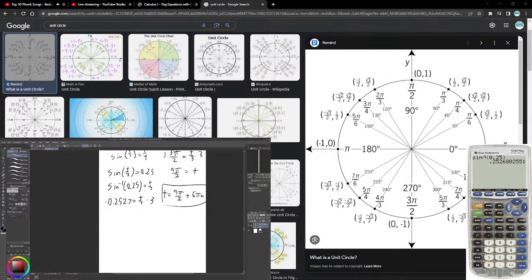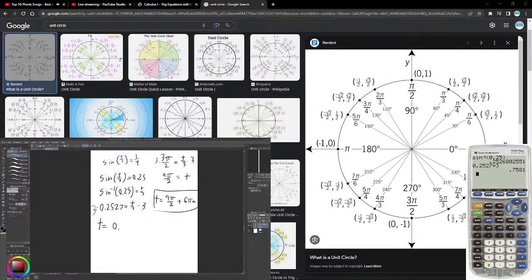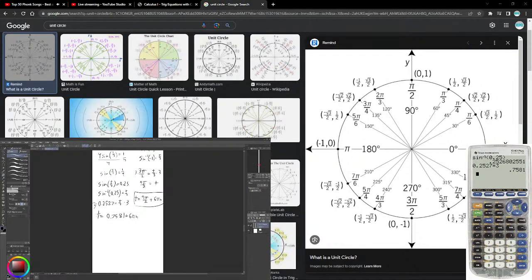Multiply by 3. 0.2527 times 3. T equals 0.7581 plus 6 pi n. And there's another one I gotta get.